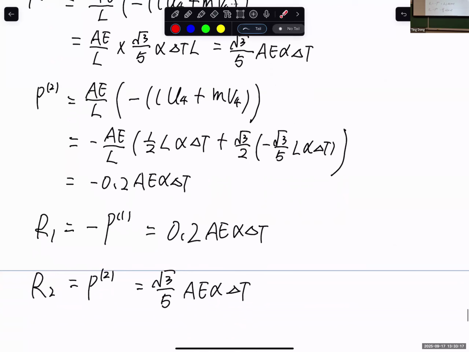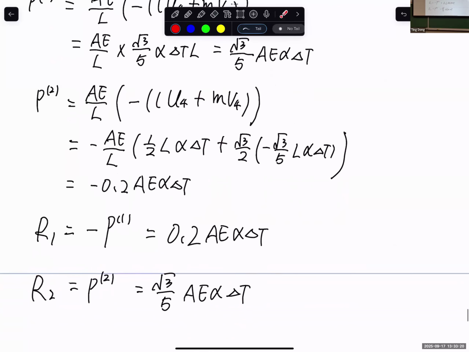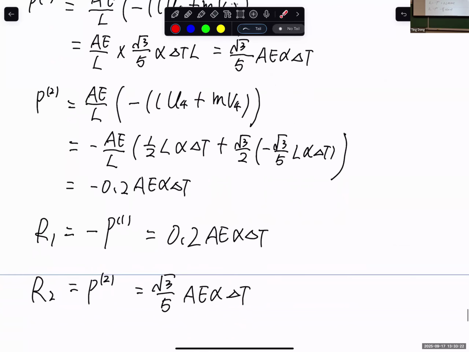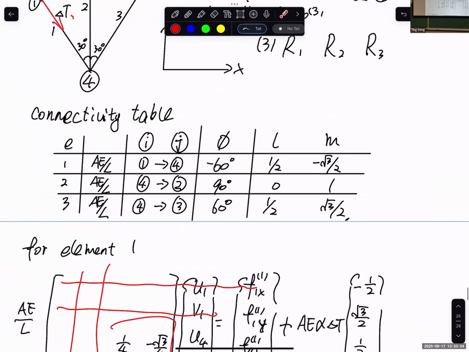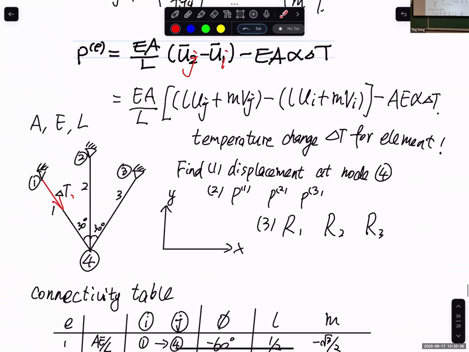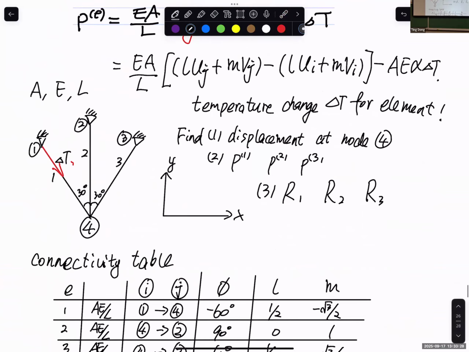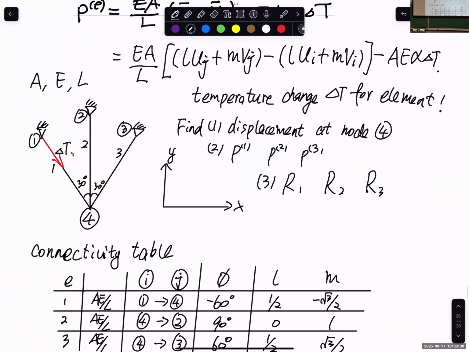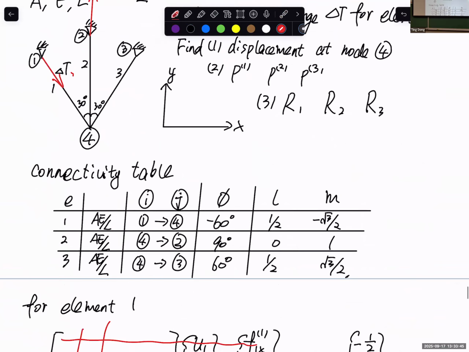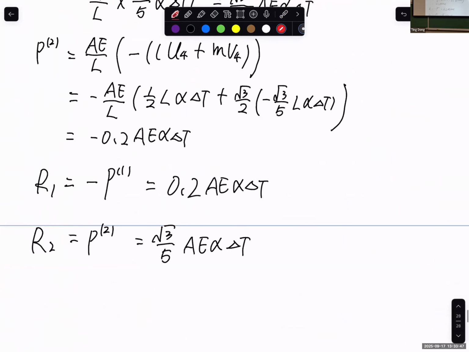Let's say our local x definition, based on our node order, is from node 4 to node 2. So this is a positive x. And we get a positive value for the reaction force.